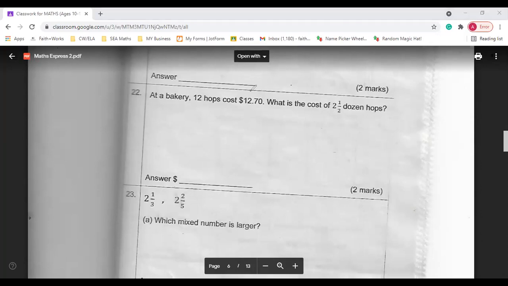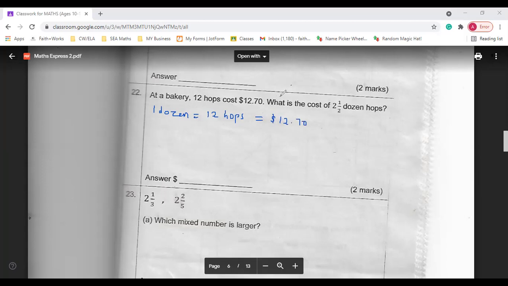All right, so let's break it down. We know that 1 dozen equals 12 hops, right? A dozen of anything is 12. So 1 dozen hops, 12 hops. We know that 12 hops cost $12.70.